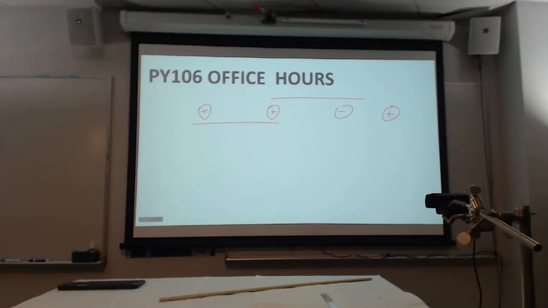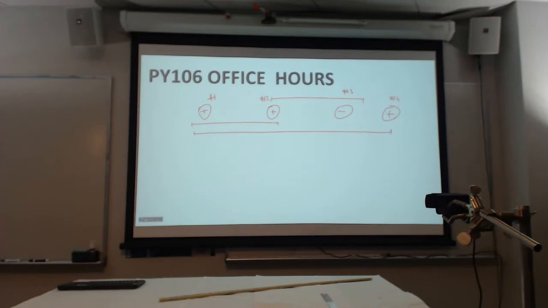How many different pairs of charges? 1 and 2, 1 and 3, 1 and 4, 2 and 3, and 3 and 4. All right, this is how many pairs you can make.